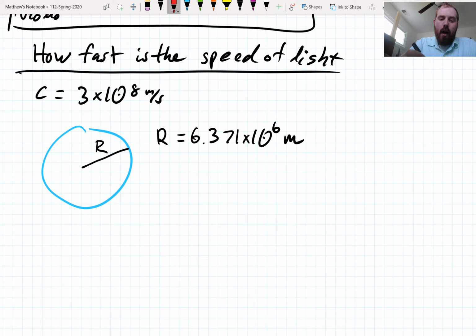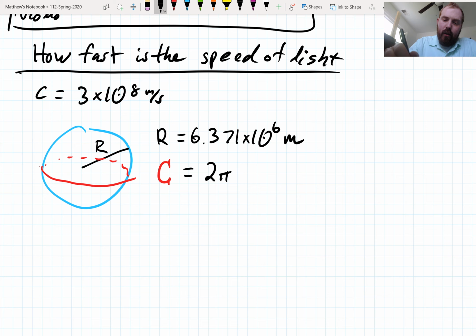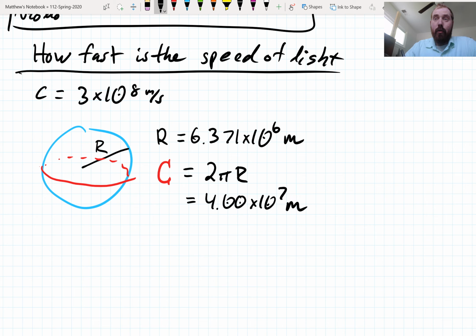Now let's look at the circumference. If I was to calculate the circumference of Earth, I'll leave out the capital C. That circumference is equal to 2 pi r, which to 3 sig figs is 4.00 times 10 to the 7th meters.